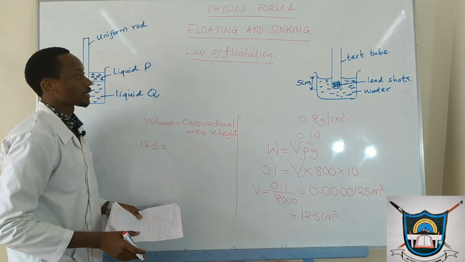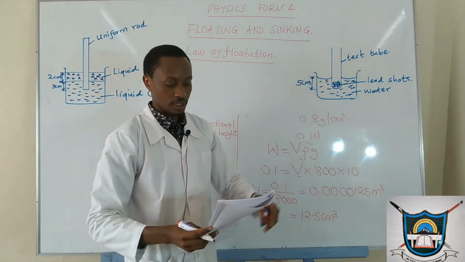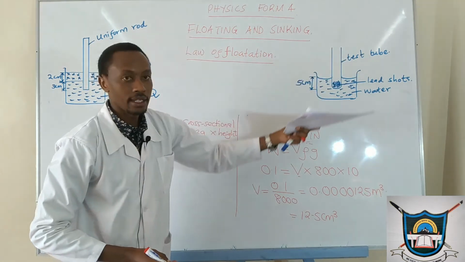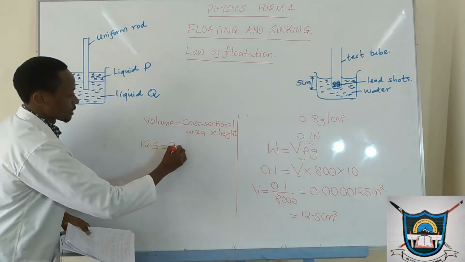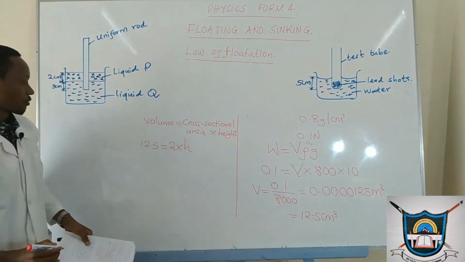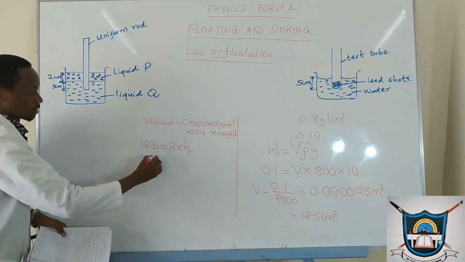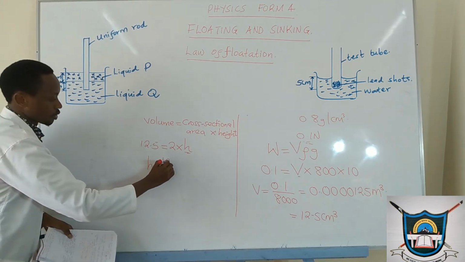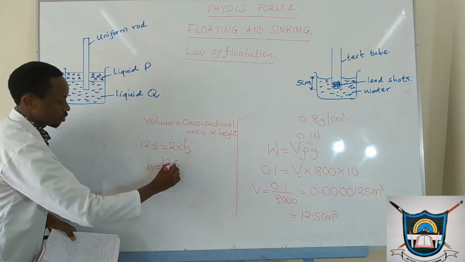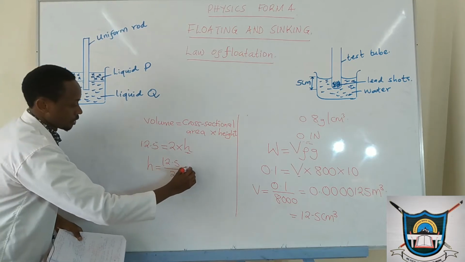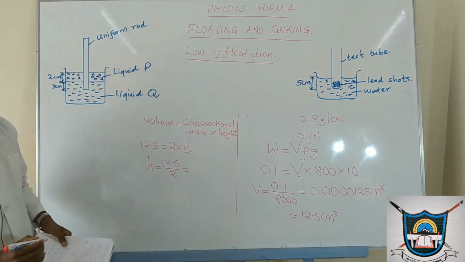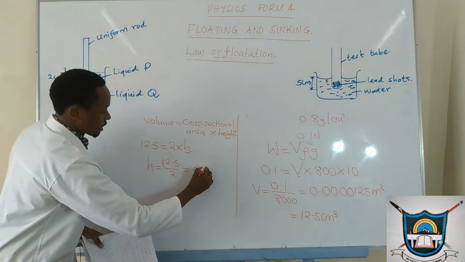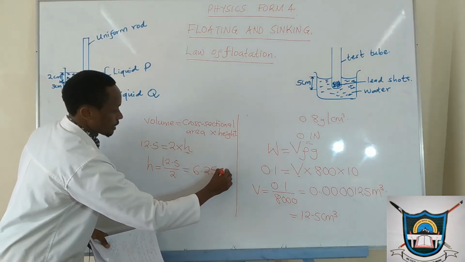The cross-sectional area of this test tube, from the question, is 2. So we have 2 times the height. Now we want to get the height, so we make h the subject of the formula. The height will be given by 12.5 divided by 2, and when you work that out using your calculator, you are supposed to get 6.25 centimeters.